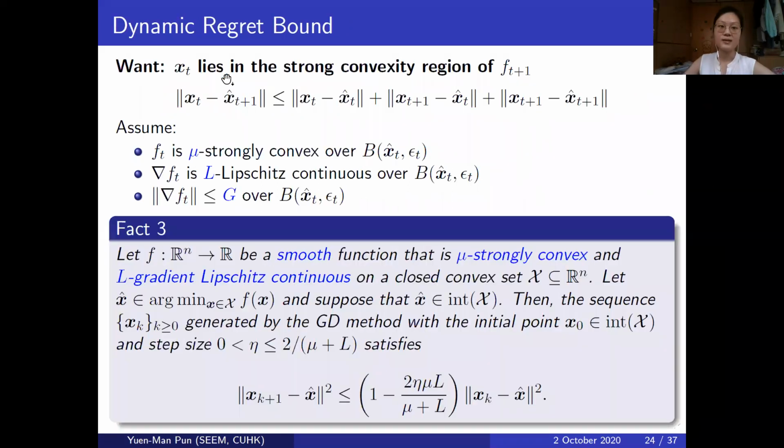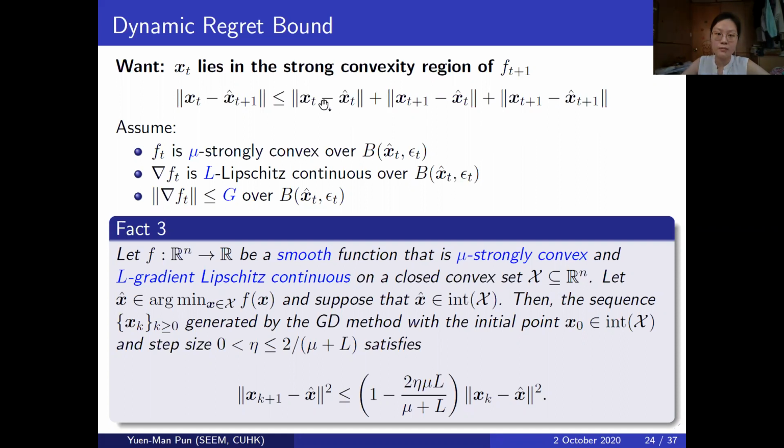So we want this to be true, and to ensure this happens, we would like xt to be close to the minimizer of ft+1, right? So we bound the distance between xt and xt plus 1 hat. And then we can write this using the triangle inequality as on the right-hand side.